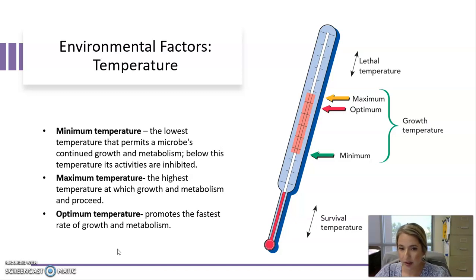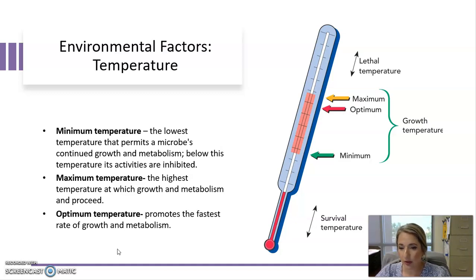With bacteria, they all have a minimum, maximum, and optimum temperature range. These terms are fairly self-explanatory, but the minimum temperature is the lowest temperature at which the microorganism can still grow and divide. If you go any lower than the minimum temperature, then growth stops.